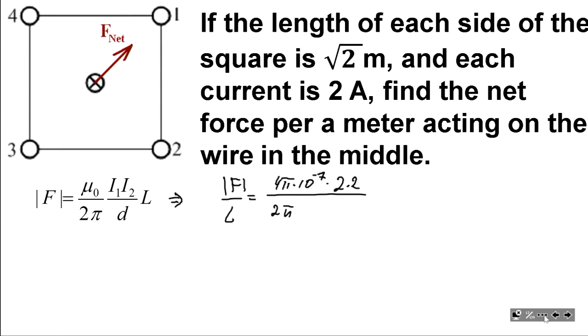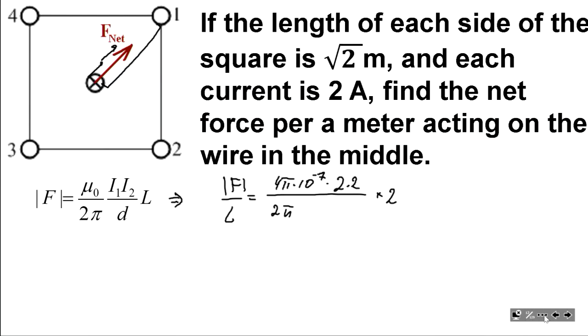Now, we need to know the distance, and we have to multiply by 2, because this net force is composed of 2 individual forces which point in the same direction. That will be the answer.